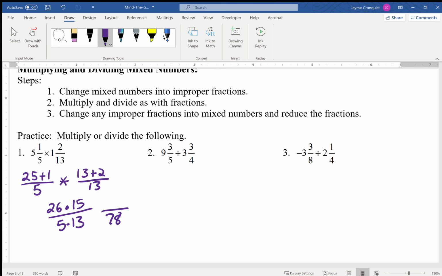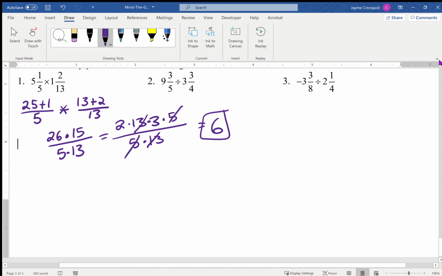All right. 9 times, it would help if I could actually see the number. There we go. 9 times 5 is 45. This is number 2.